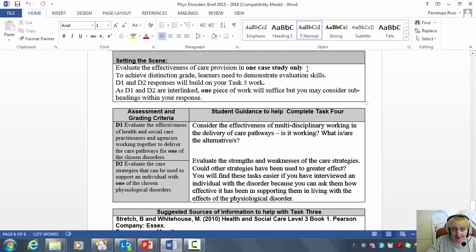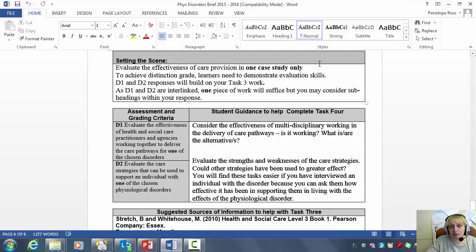Choose wisely at this stage, and you can always email me if you're not sure which one you want to do, but certainly it's very likely that one of your case studies will lend itself better to the distinction grades than maybe the other one.